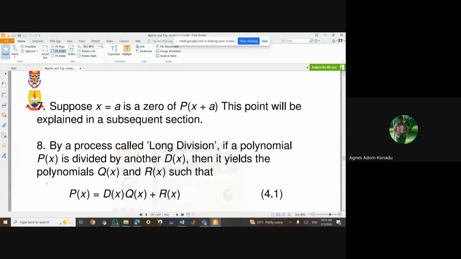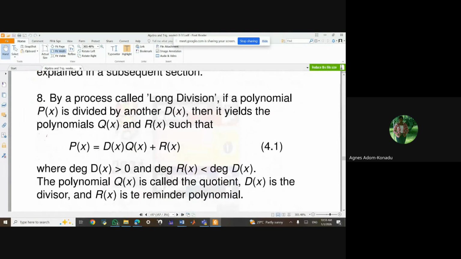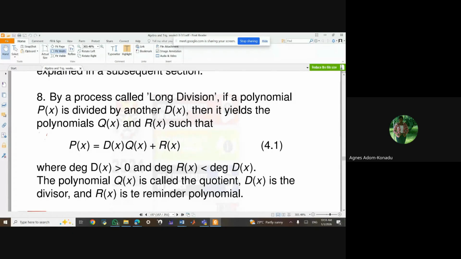And then we can also divide polynomial functions by a process called long division. If a polynomial function is divided by another polynomial function d of x, then it yields q of x and r of x, where r of x is my remainder, q of x is my quotient, and d of x is my divisor.